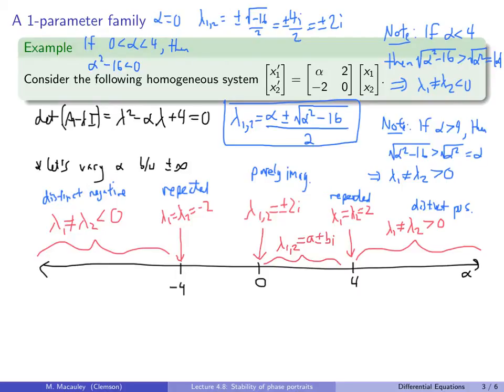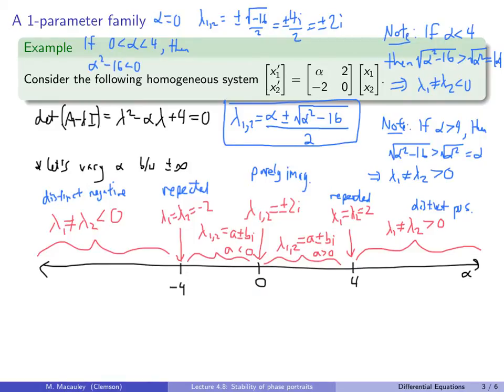But it's not just a plus or minus bi, it's alpha over 2 plus or minus bi. So this value a is positive. Similarly, if we're over here, alpha 1, 2 is a plus or minus bi, and a is going to be negative, because a is alpha over 2 and alpha is negative.